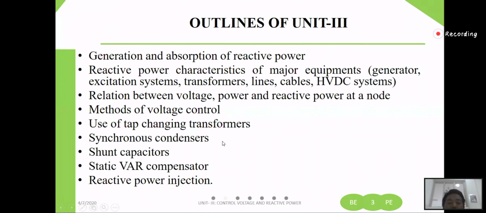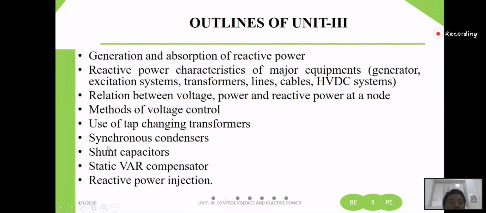Then the synchronous condenser. You have already learned it in machines, and its application is to improve the power factor, so we will not touch much on it. Then shunt capacitors: here we will not learn about the characteristics, we may touch a little bit, but not in detail.